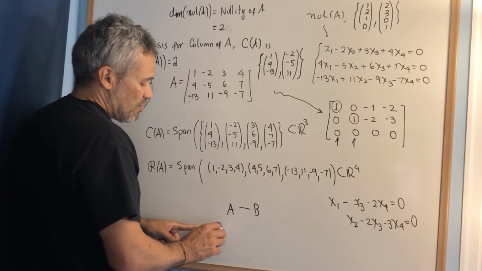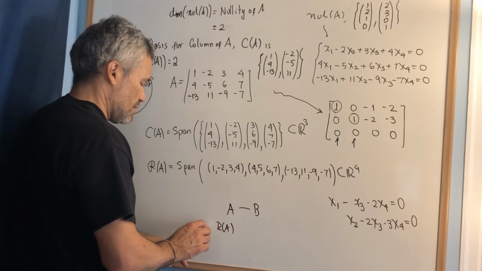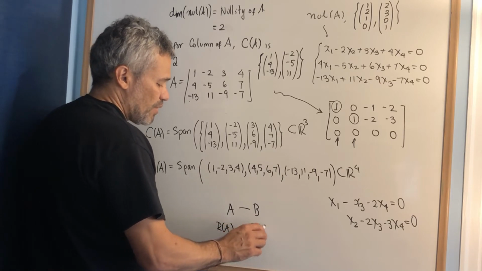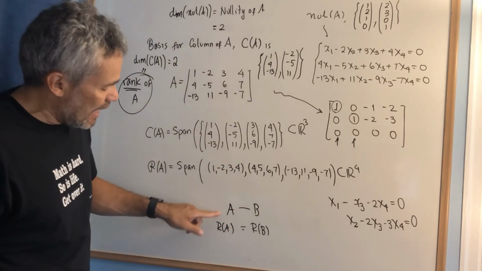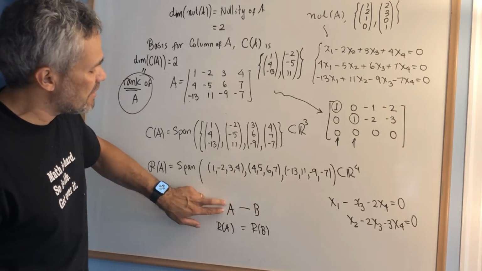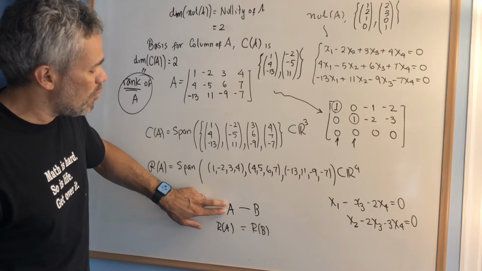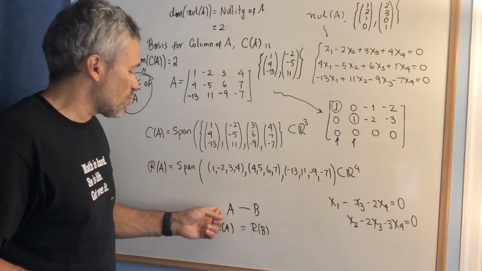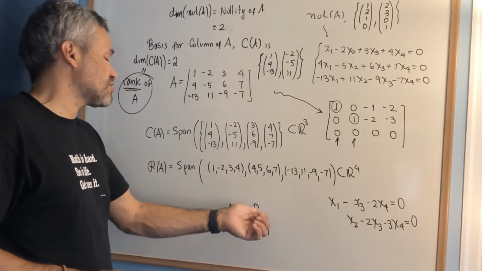then the span of the rows of A is equal to the span of the rows of B, because at any step, each new row in B is just a linear combination of rows of A. And remember that row operations are reversible.